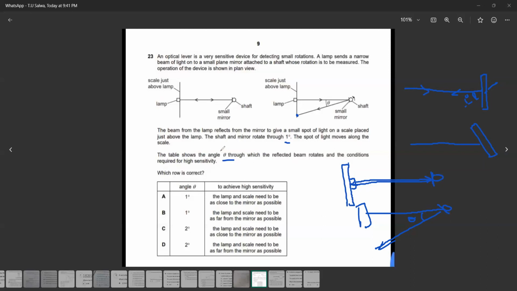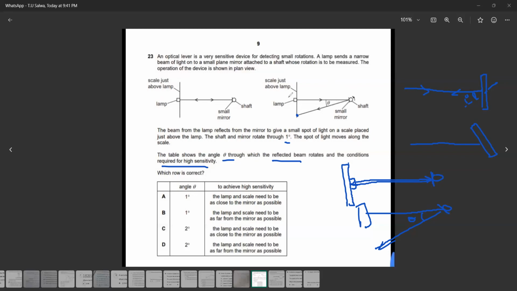So the table shows the angle through which the reflected beam is rotated and the condition required for high sensitivity. So which row is correct? If the shaft rotates 1 degree, how much will theta be?